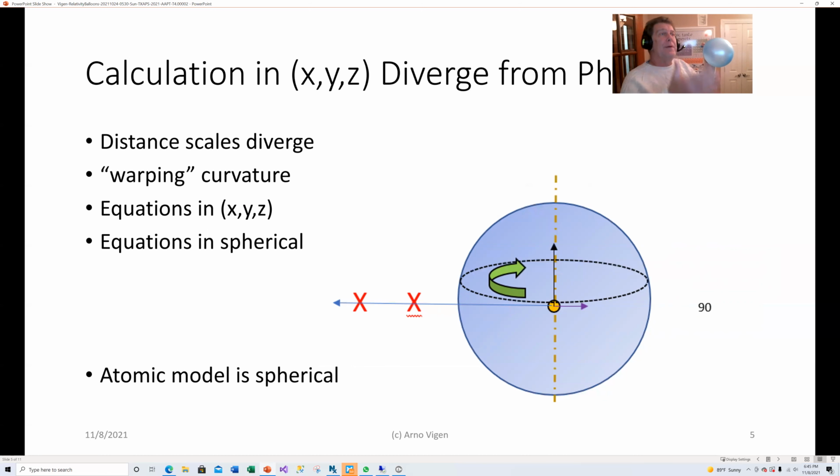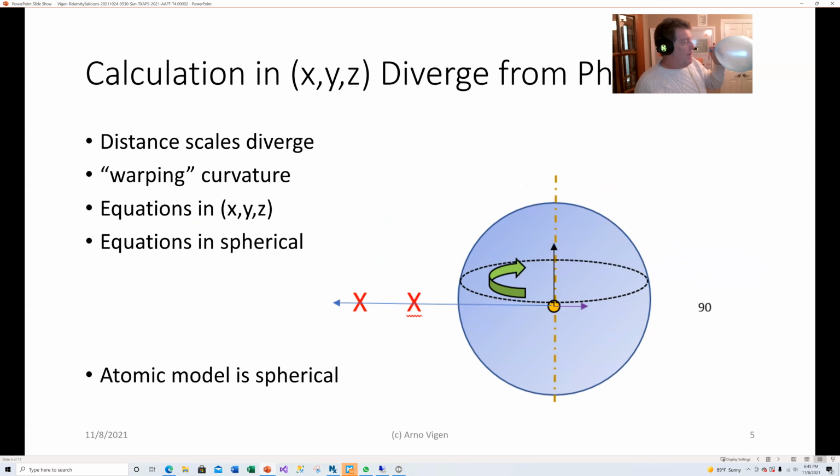However, here's the problem, and this is the most basic thing about relativity. If I'm here, if I make the radius bigger, then this distance here just got bigger. This whole distance. So there's a covariant transfer.